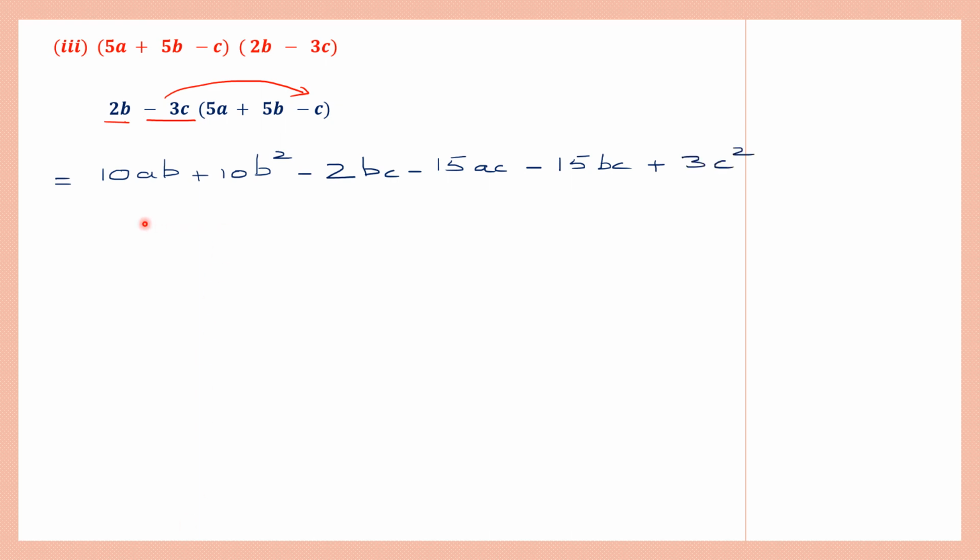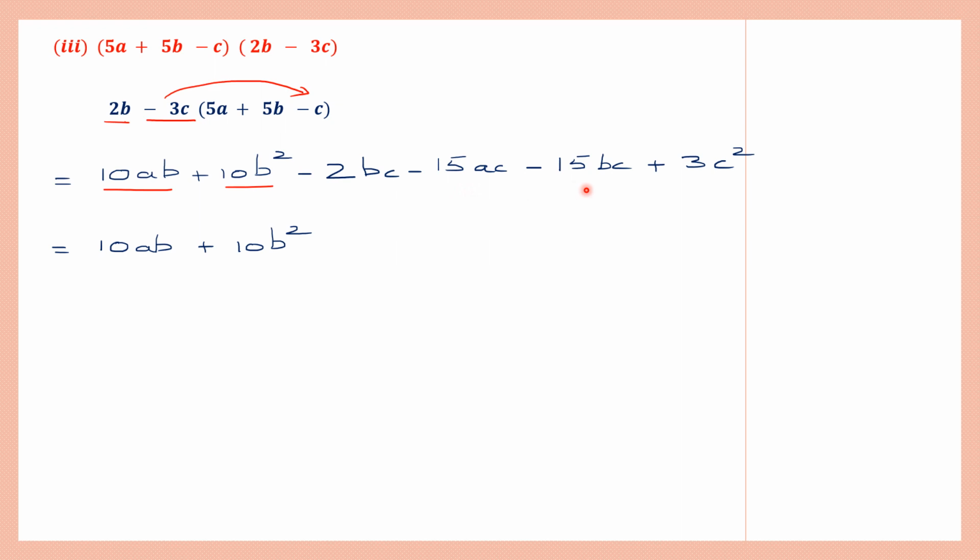Next step is looking out for the like terms. Now here we have ab. Do we have an ab anywhere else? We don't have. So we can write this as it is. So this is 10ab. Then we are looking for b square. Do we have a b square anywhere else? We don't have. So we can write this as it is. So that becomes plus 10b square. And then we have a bc.